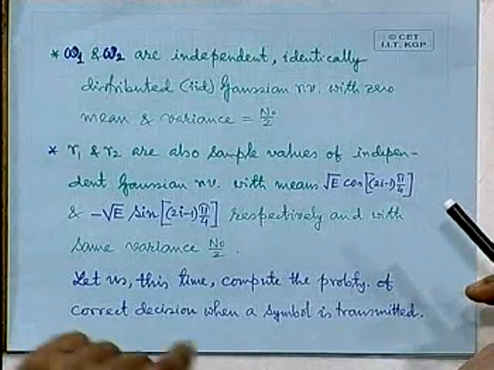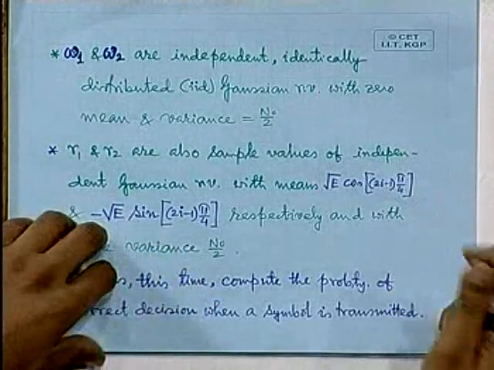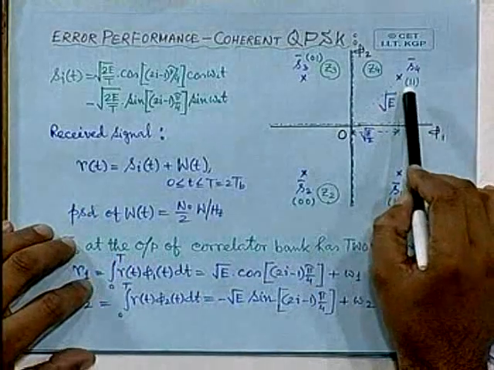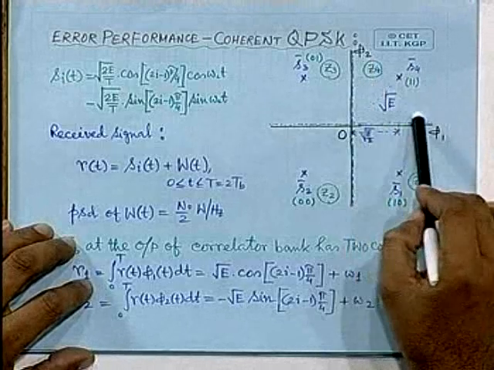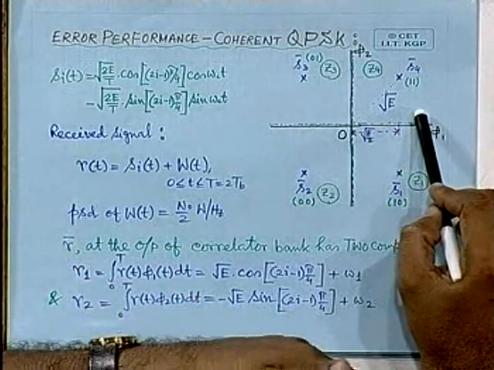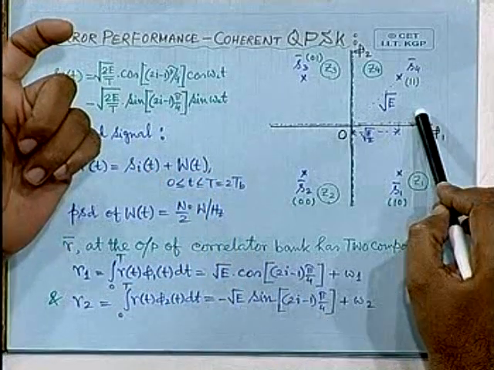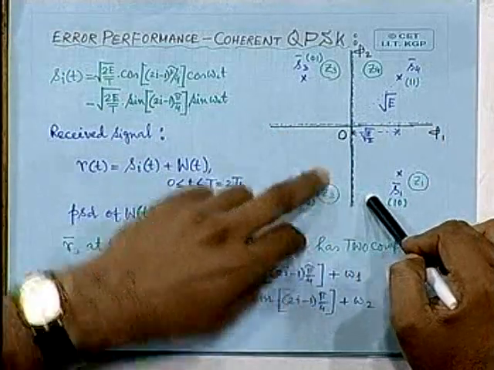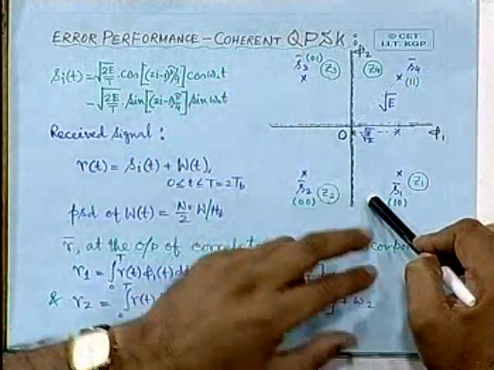So, here also I am considering the probability of correct decision. You can guess why, because we could see from this constellation diagram, there is a reason, of course, it is not arbitrary: if I consider say S4 was transmitted, the decision zone is this quadrant. If I would have tried finding the probability of a wrong decision, then I would have to consider 3 quadrants, positive and negative values of R1, positive and negative values of R2.